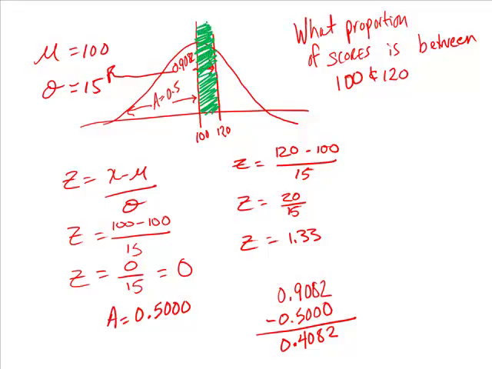Yes, they did. That area, right, that space between 100 and 120 is equal to 0.4082. Agreed? Now you can ask a question.